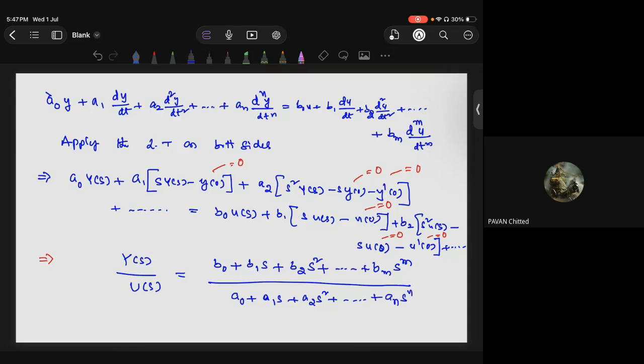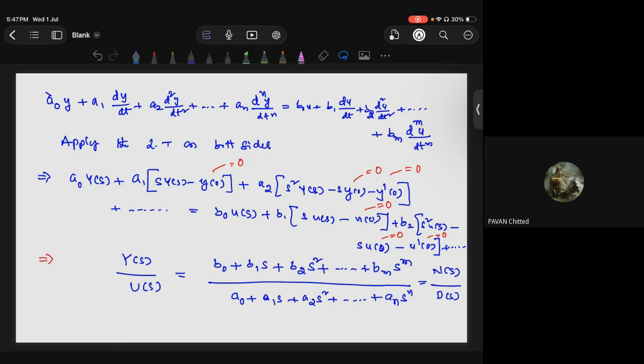Is this clear? Any doubt here? Now we see this expression with the numerator polynomial as n of s and the denominator polynomial as d of s.